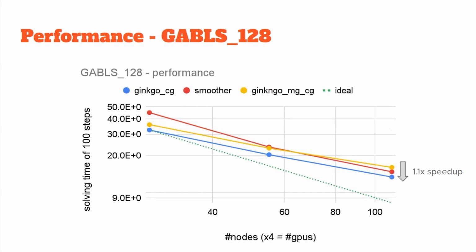In the end, we still have the same 1.1 speedup compared to the previous plots. But here we have seen a different story. The smoother has a better strong scaling behavior now. Originally it's slower with fewer nodes, but it can be faster than Ginkgo multigrid with the conjugate gradient when we use 110 nodes here.